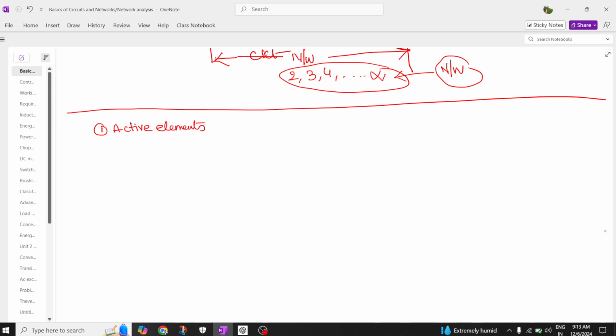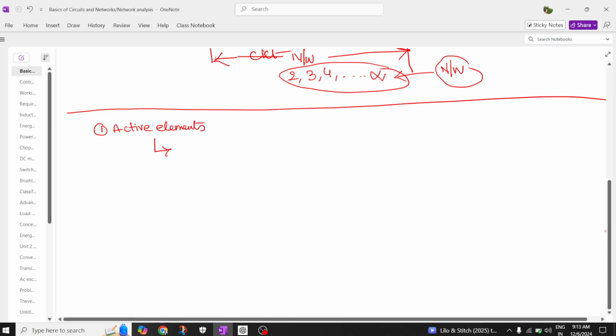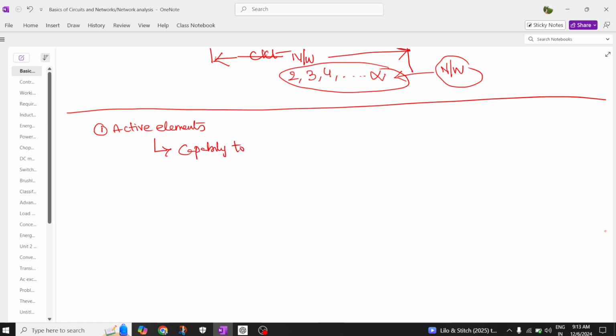Active elements are elements which are capable of enhancing the energy level, or which have the capability to deliver energy, or deliver voltage. They can enhance the energy level.